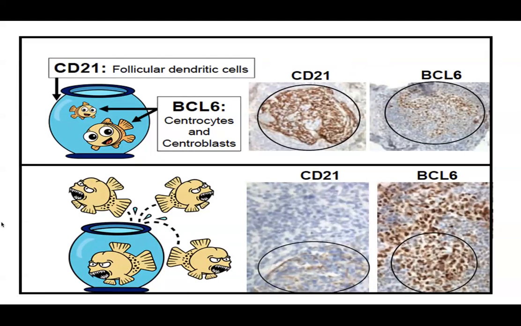However, in a primary cutaneous follicular lymphoma, you have really kind of unorganized or even loss of CD21 expression, and the BCL6 is present whether you have the CD21 there or not. So these really angry piranha-like fish are jumping out of the bowl, the CD21 bowl, and these BCL6 piranha-type fish are kind of invading the rest of the tissue. So that's how you can remember that.